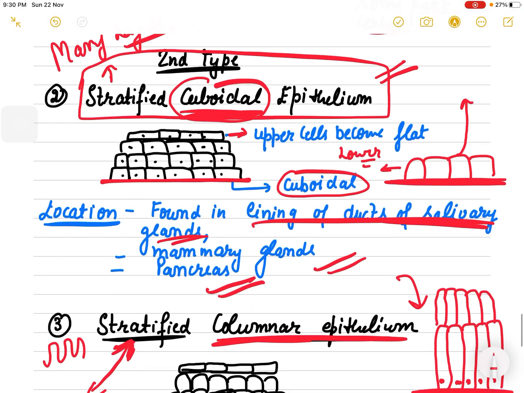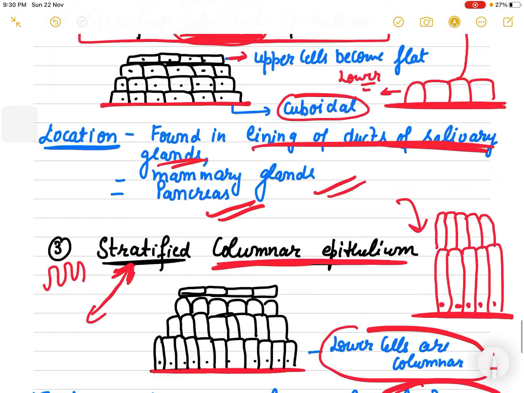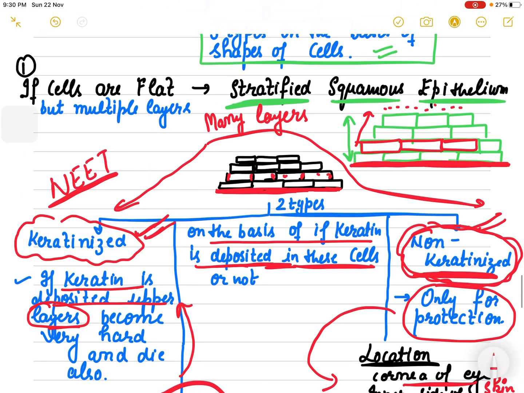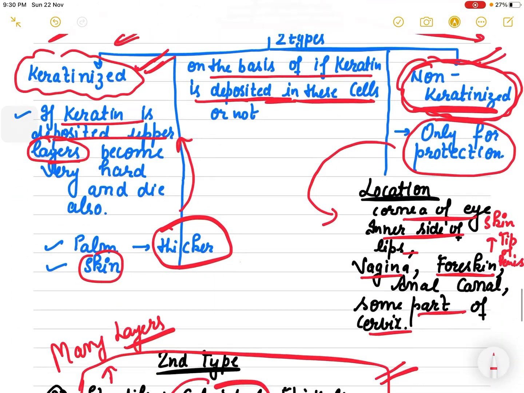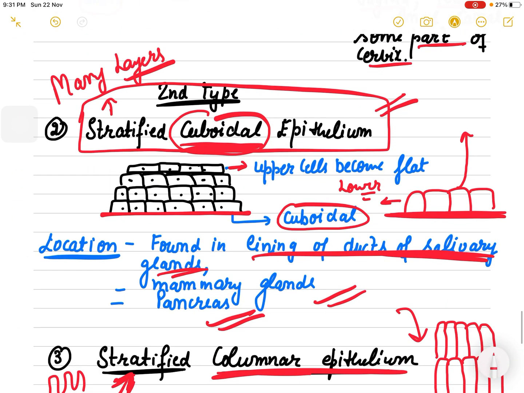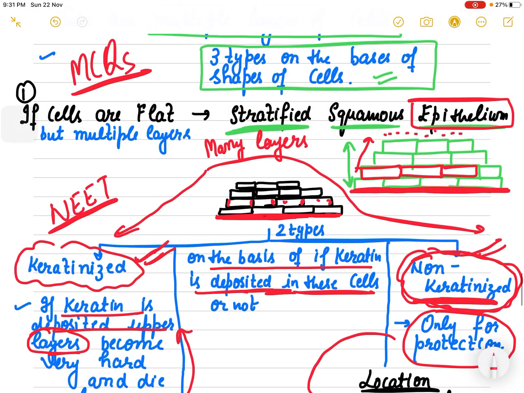Otherwise you are going to make lots of mistakes. So be very careful when attempting the MCQs, that which option is according to which epithelium, right? So this was about our stratified epithelium, which is of three types.